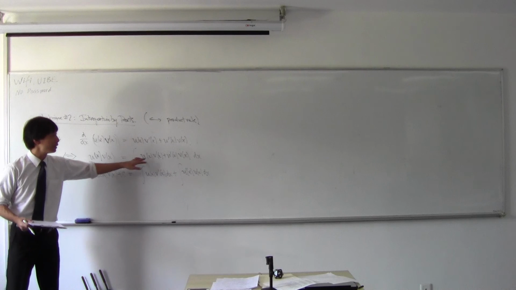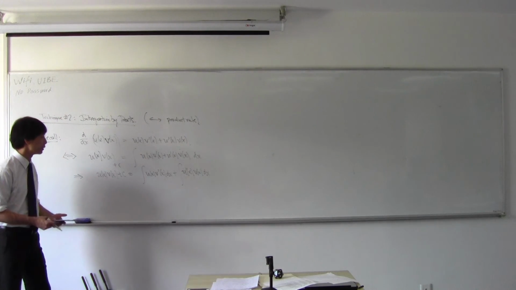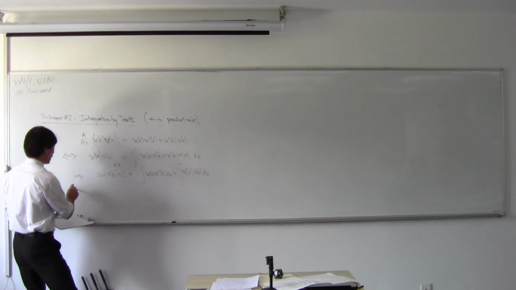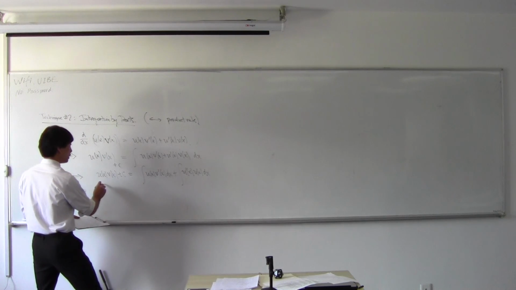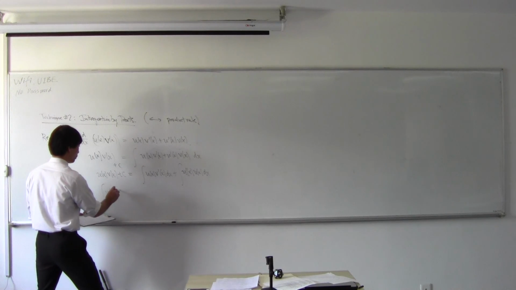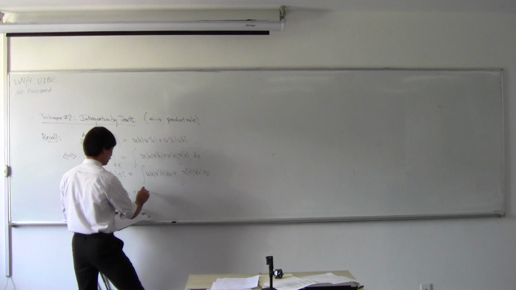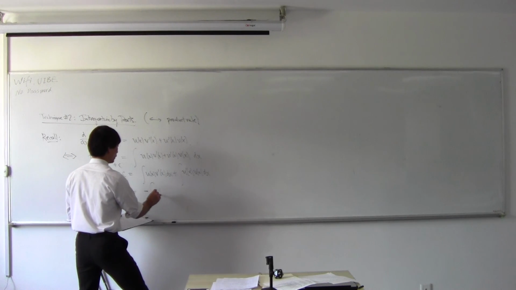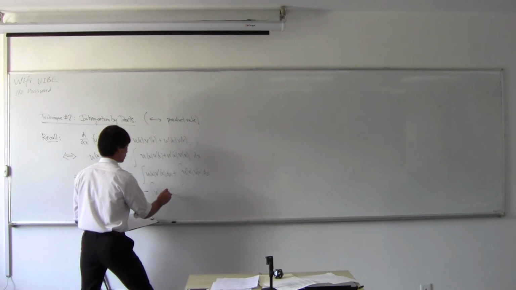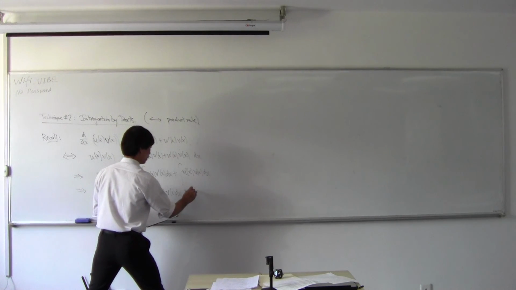So I'm going to break this into two indefinite integrals, and then I'm going to rearrange it. Okay. So the integral of u v' equals negative the integral of u' v plus u v.